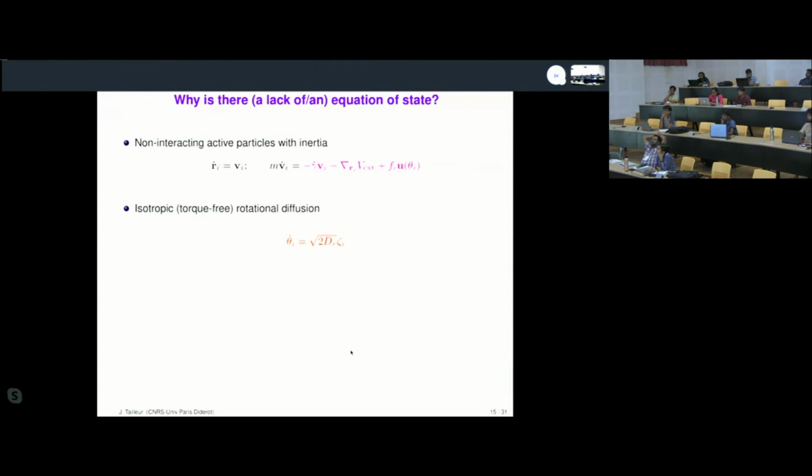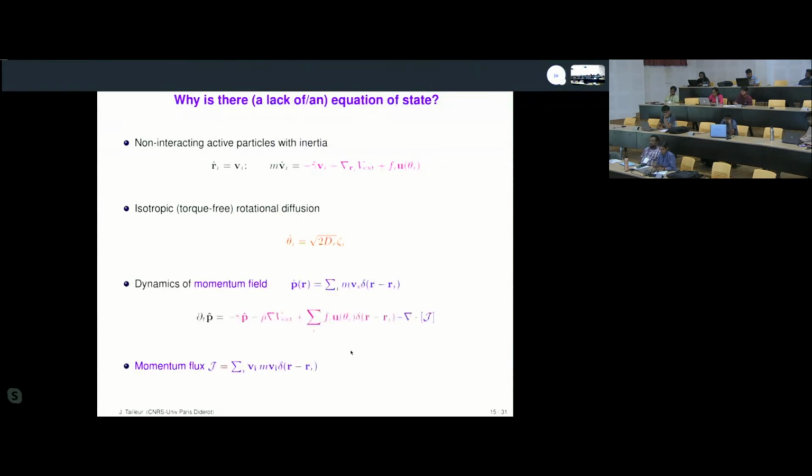Then you may have external forces, minus grad_{r_i} V, and then F_i u(theta_i) is the self-propulsion felt by particle i. Particle i is pushing on the substrate, exerting a force on the substrate of minus F_i u(theta_i), and so it feels from the substrate a force F_i u(theta_i). And now I will consider the case of active Brownian particles, in which the direction of the particles undergoes isotropic torque-free rotational diffusion. That's the case in which I get an equation of state.